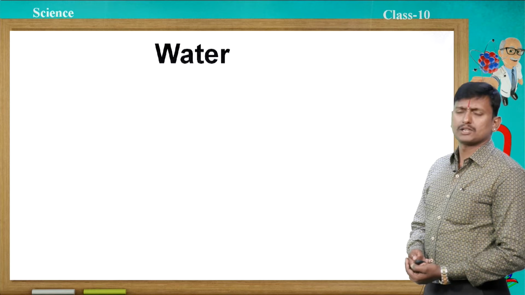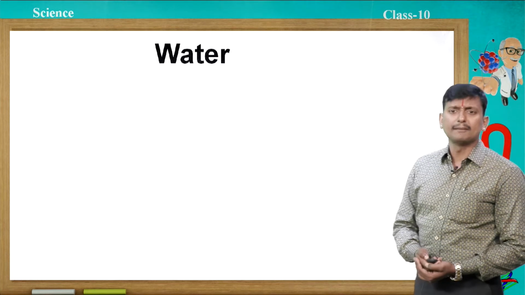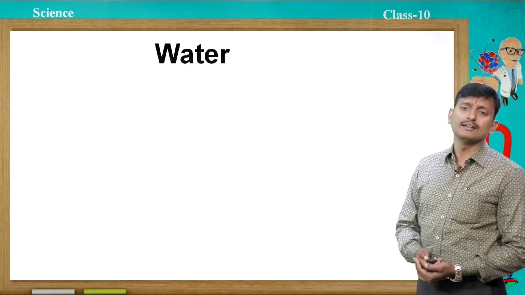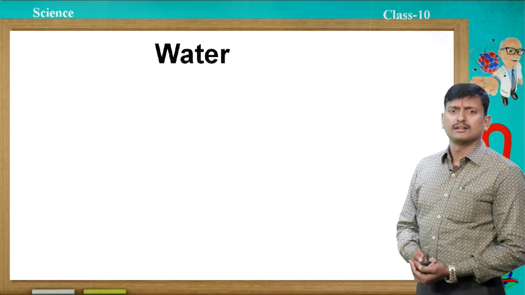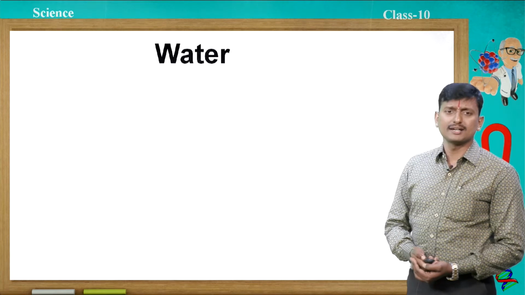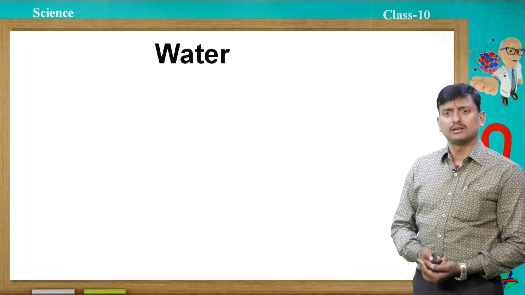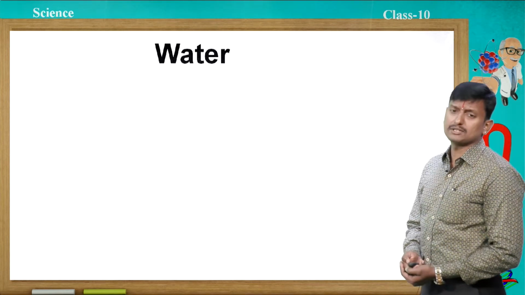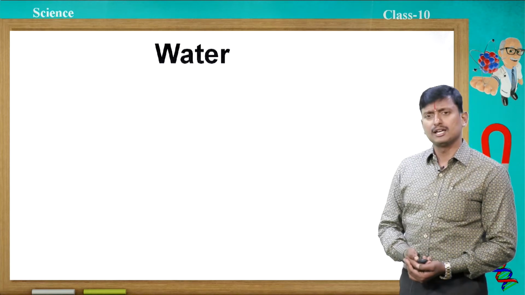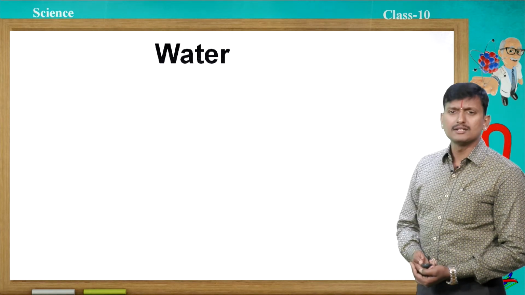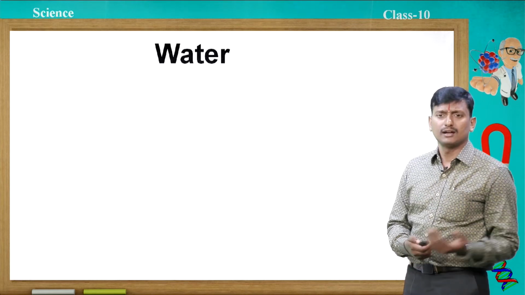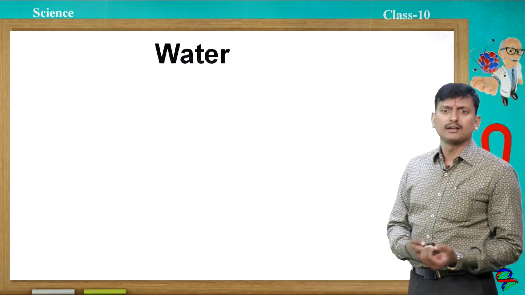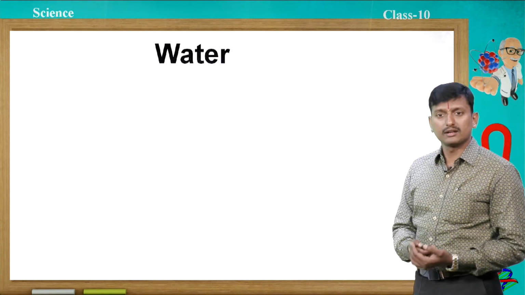Water. You know that water is a basic need for all living organisms, but nowadays we are suffering from the scarcity of water. You know that 70% of the earth is covered with water, but among that, only 0.2% is available from nature as useful for drinking.